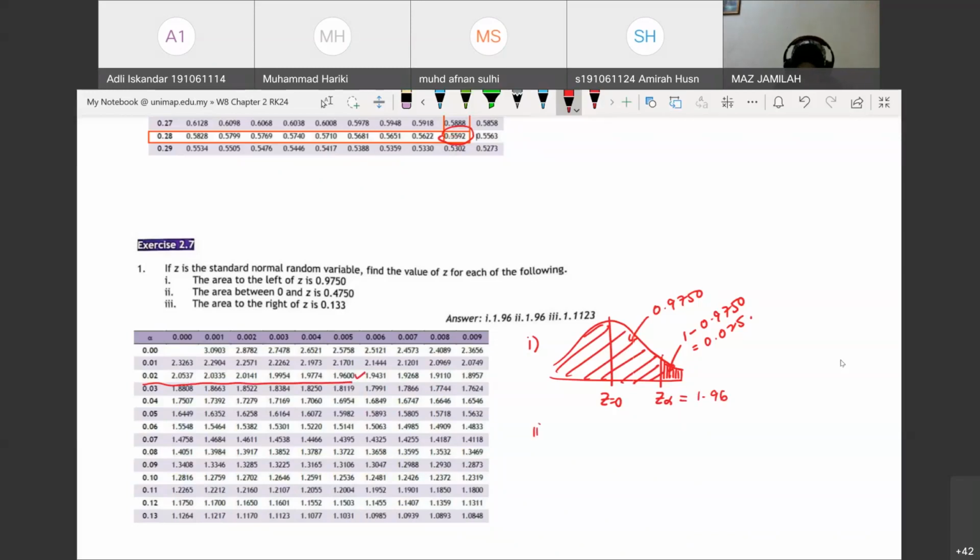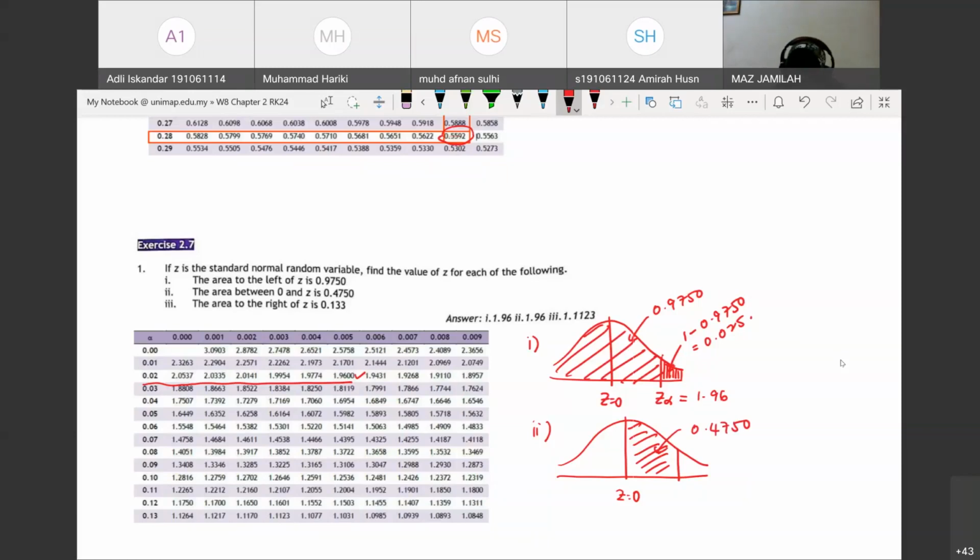Number 2, the area between 0 and Z is 0.4750. The area between 0 means from the average value, Z is equal to 0, and Z is 0.4750. So let's say this one is 0.4750.